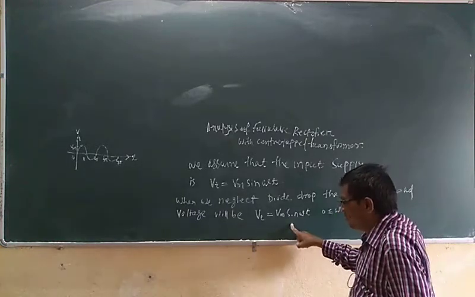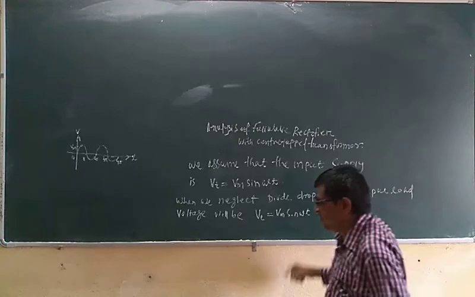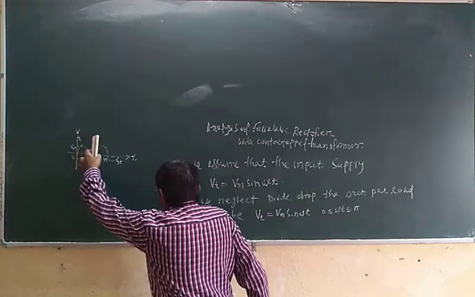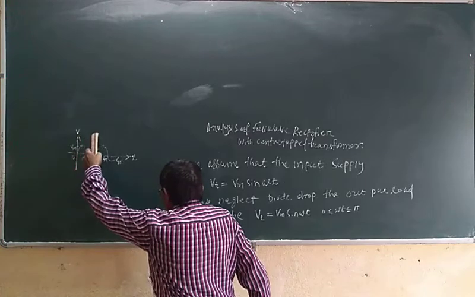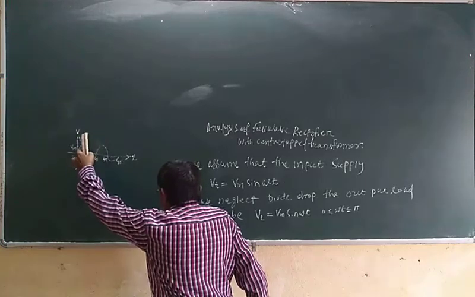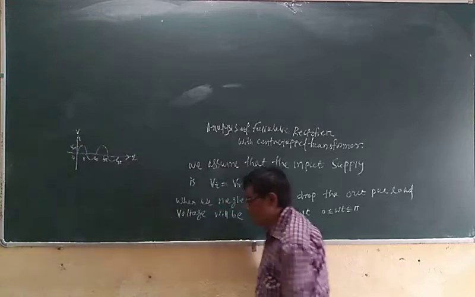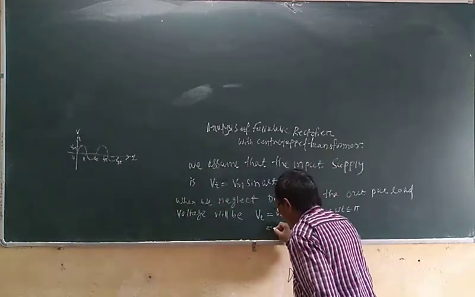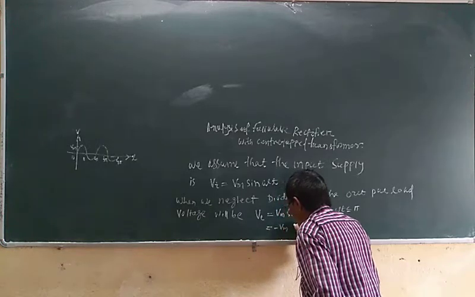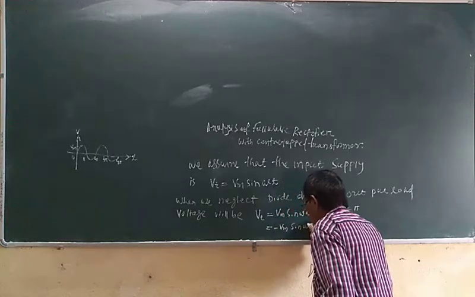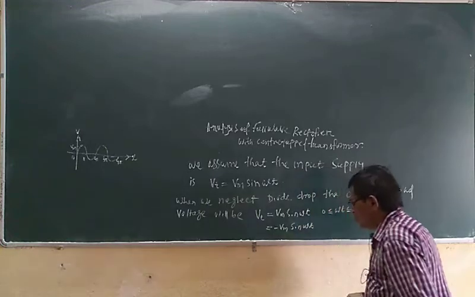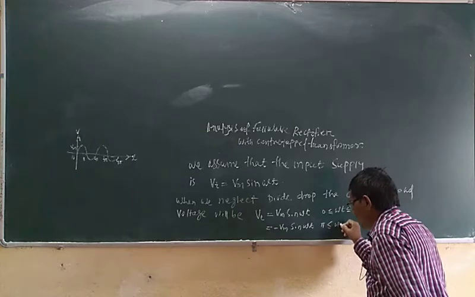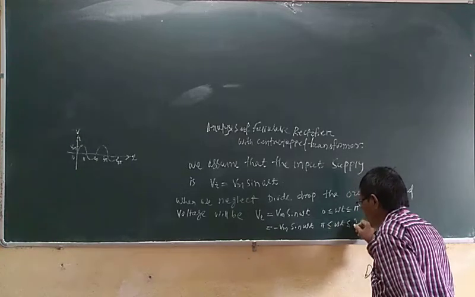Now first we see the Vm sin omega t, that is 0 to pi, the positive half cycle. Then it is the negative half cycle, and the negative half cycle time period is pi to 2 pi. Now that is minus Vm sin omega t, for pi less than or equal to omega t less than or equal to 2 pi.